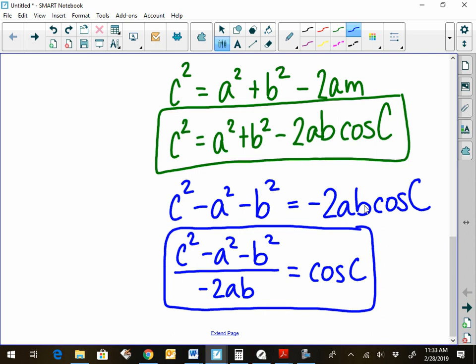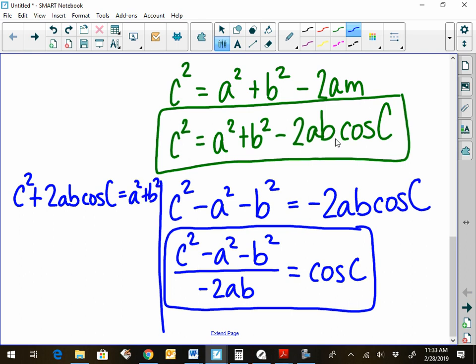Another way to write it that you might also see is, what if instead of minusing our A squared and our B squared, what if we added, so that we got a positive here, what if we added this to the other side? So another option is we could do C squared plus 2AB cosine of C equals A squared plus B squared. Now we'll probably see this one more often.